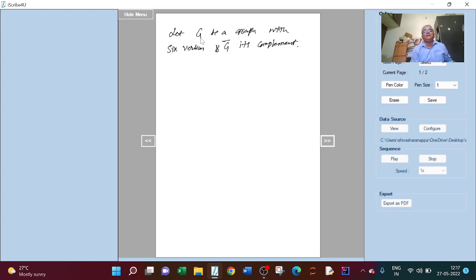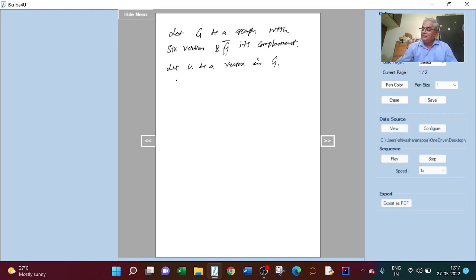If a vertex is adjacent to some vertex in G, then it is not adjacent here. Or if it is not adjacent, then it is adjacent in G bar. Okay. So let U be a vertex in G. So the degree of U in G plus the degree of U in G bar must be equal to p minus 1, that is 6 minus 1, which is 5.